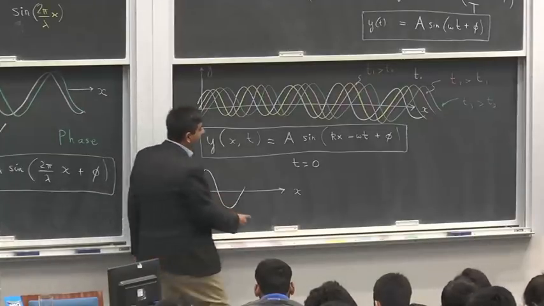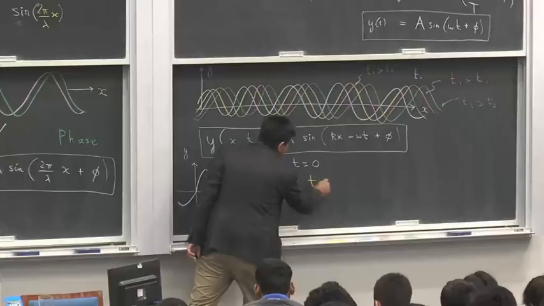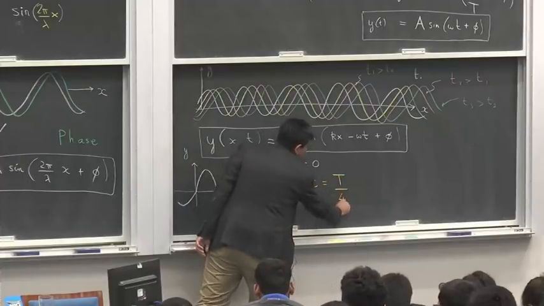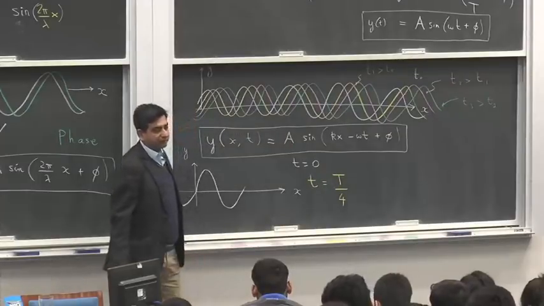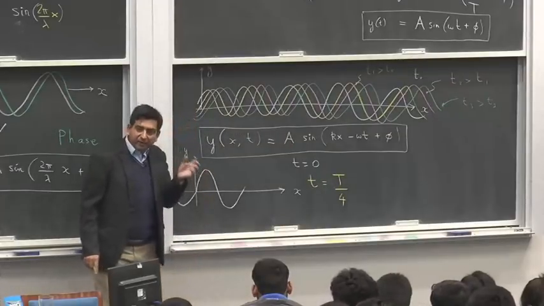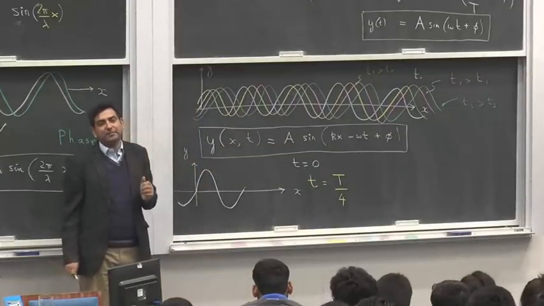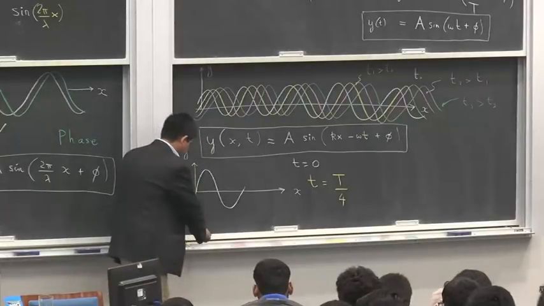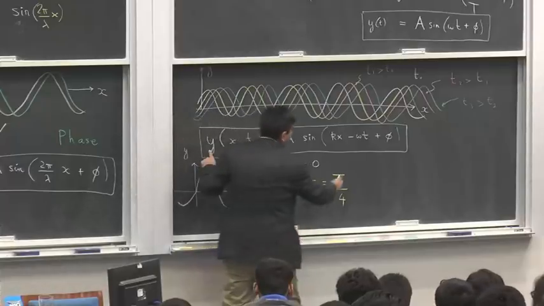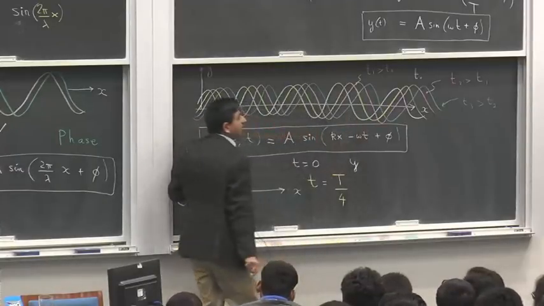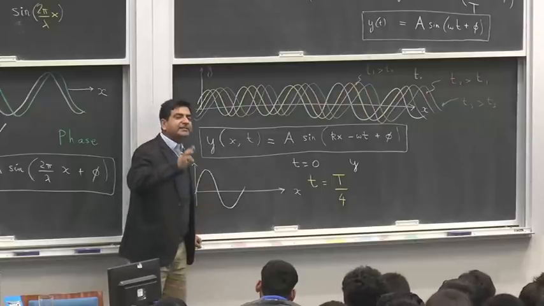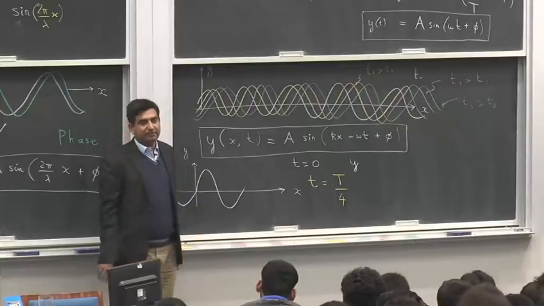Let me draw the wave at time t equals T by 4. After 1/4 of the time period. So now if I look at this expression, y, okay, let's forget about the math first.